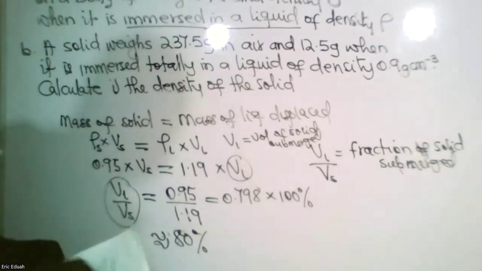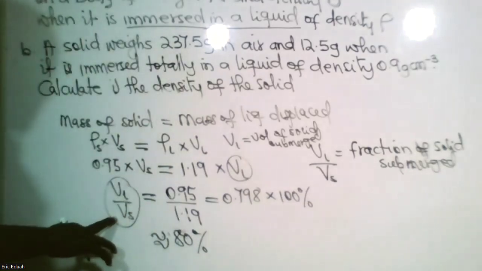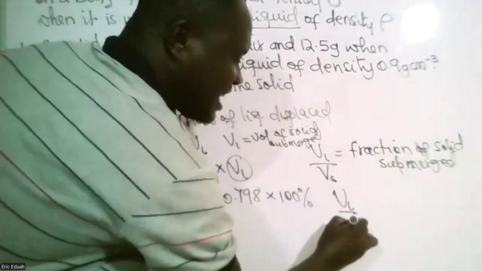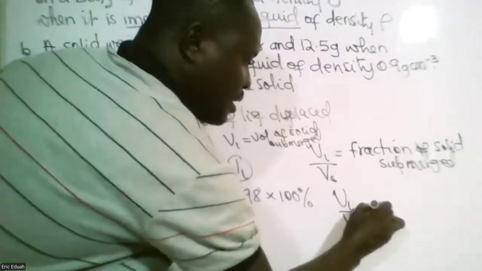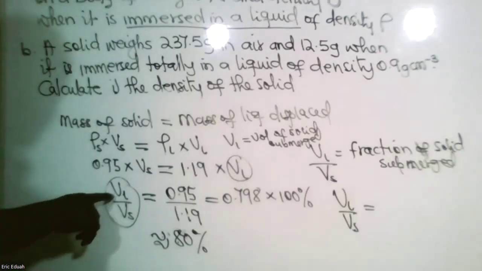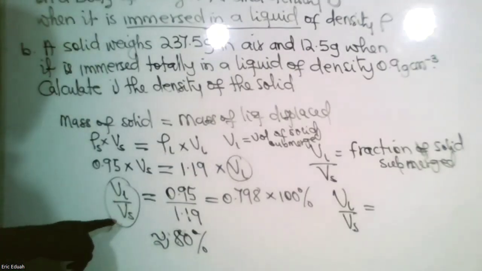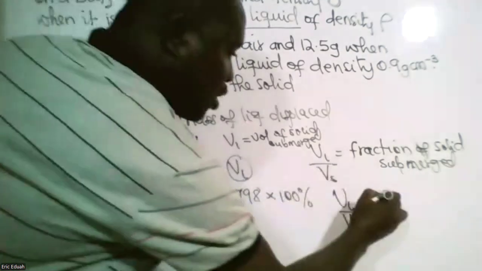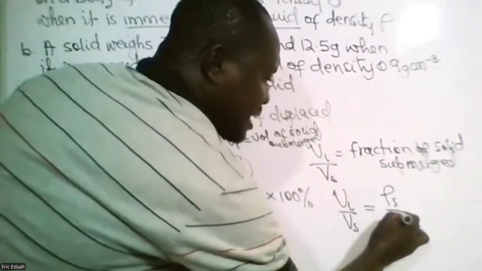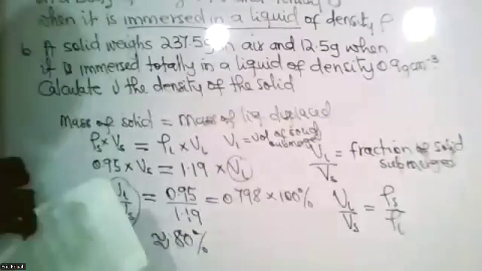And how do we calculate it? We calculate it using the same concept. Volume of liquid divided by volume of solid is equal to density of solid divided by density of liquid.